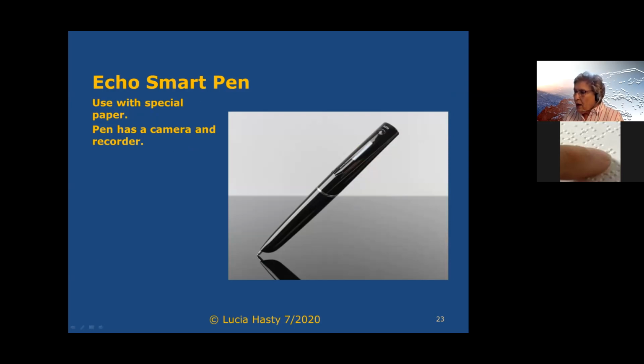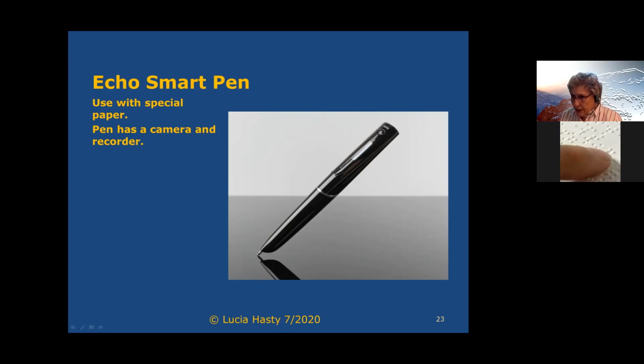So when you write something with the pen and you have your recorder on, whatever the lecture, if the teacher is lecturing, or there's some learning situation, there's something to record, all the student really needs to do is just write a number or an X or whatever, and then when you go back with the pen and touch that particular place, the recording jumps to what was being said at that place.